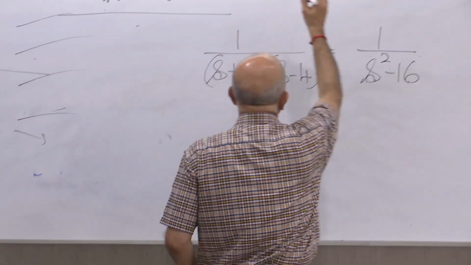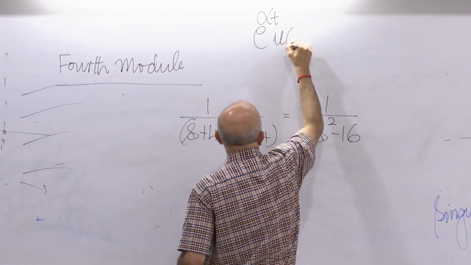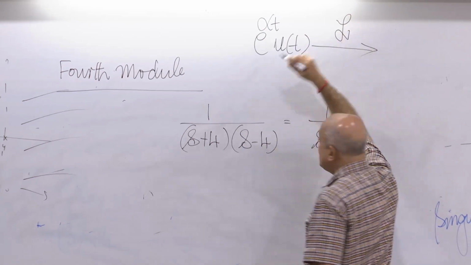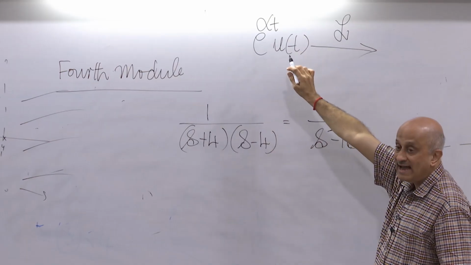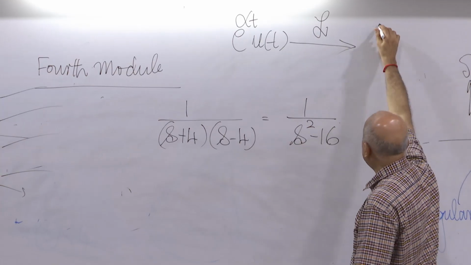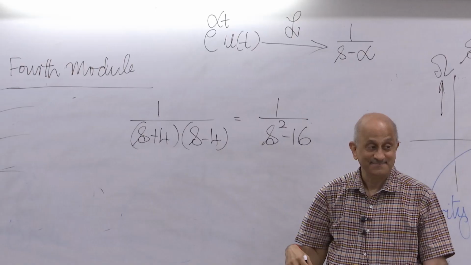Let's generalize. Suppose you have e raised to the power alpha t u(t). And we'll use this symbol, script L, to mean the Laplace transform. So, what is the Laplace transform of e raised to the power alpha t u(t) in general? 1 upon s minus alpha, and with what region of convergence?